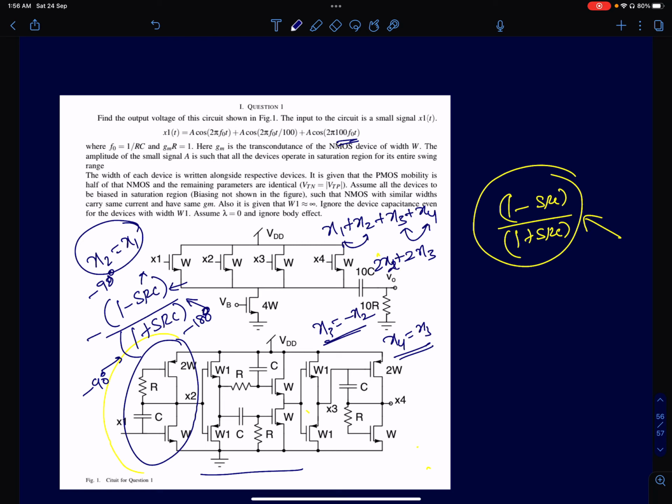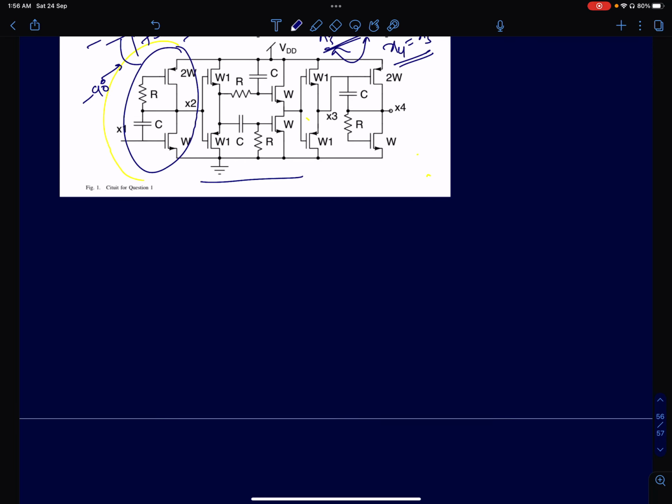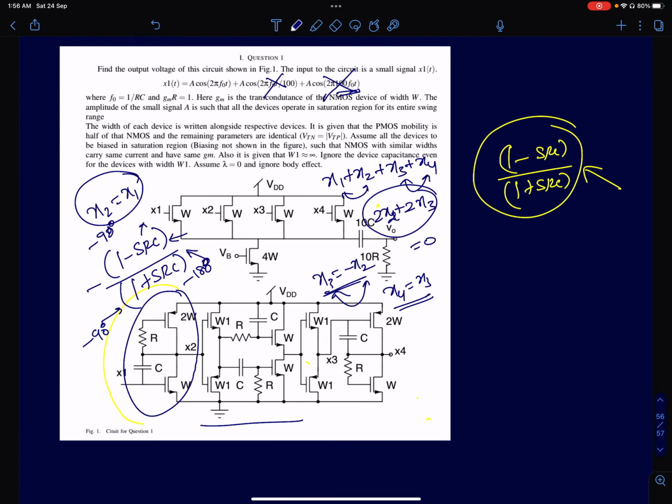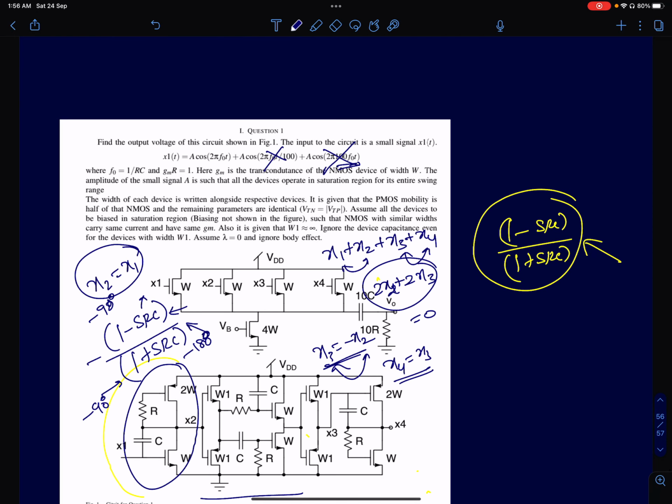But I know that X2 equals minus X3, so therefore even this 2 will cancel out. So at infinite frequencies, it's cancelling out. At DC frequencies, it's cancelling out. So this term will also not be present at the output. Now we have eliminated both these terms. Both these terms will not be present at the output. The only term we are left with, the only frequency we are interested in is this one. So if I guess the output for this, then the problem is solved.